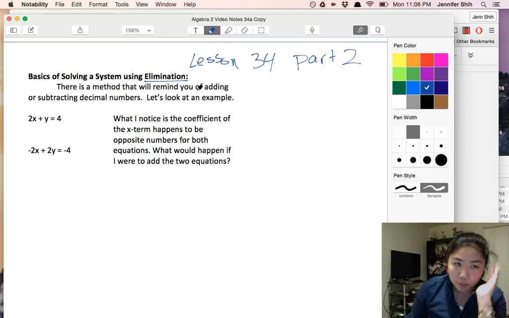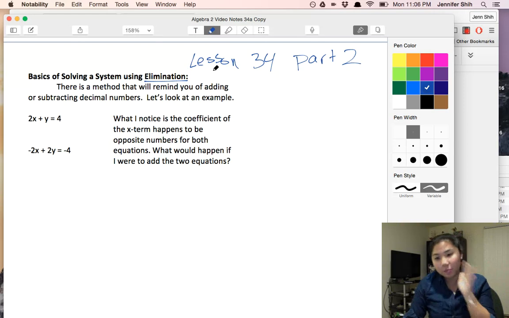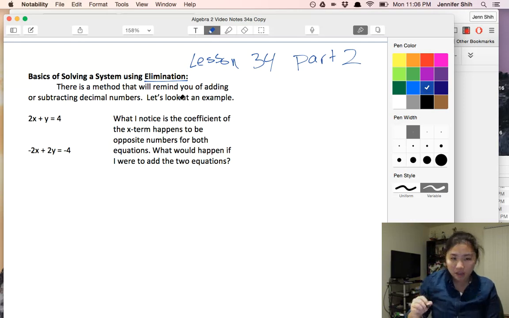So, basics of solving a system using elimination. This is my preferred method, but it's not always the easiest, and it doesn't always work. There's a method that will remind you of adding or subtracting decimal numbers. It also will remind you of adding polynomials.